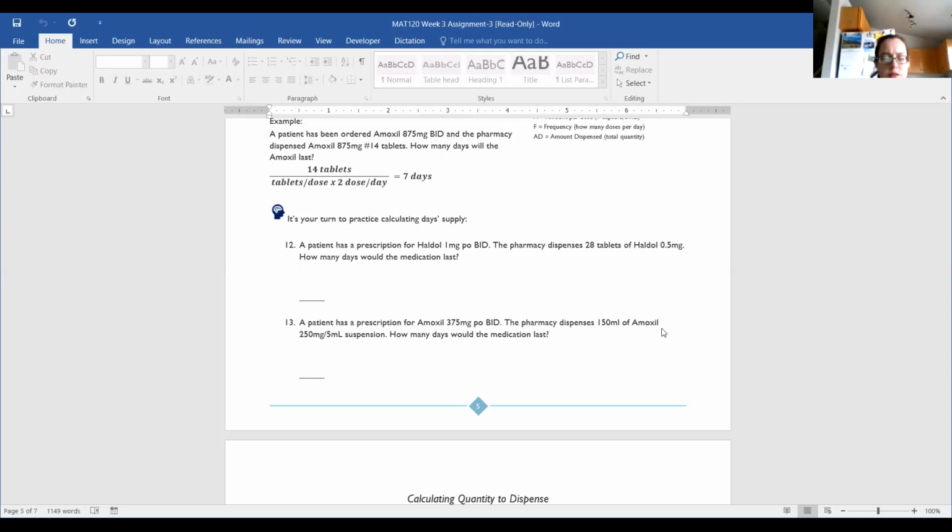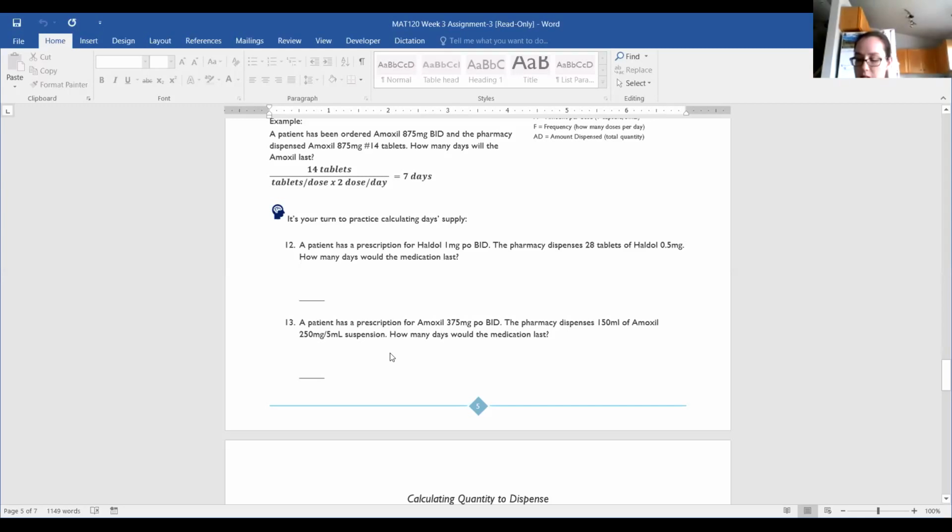So we would do the dose ordered over the dose on hand times the vehicle. Doing that, I got 7.5 milliliters per dose. That's 2 times a day, so it would be 15 milliliters per day.